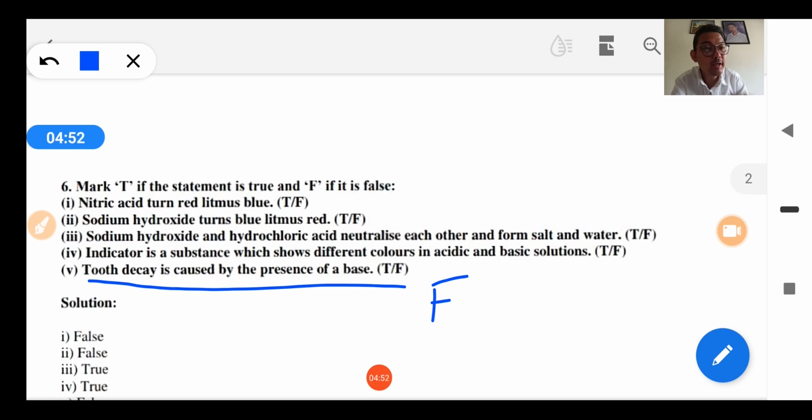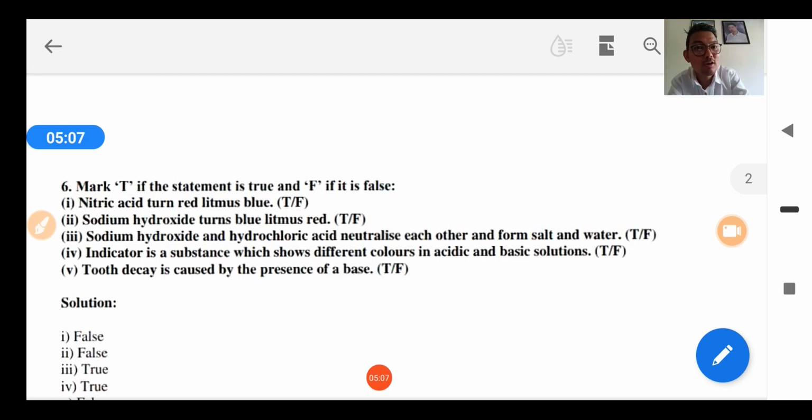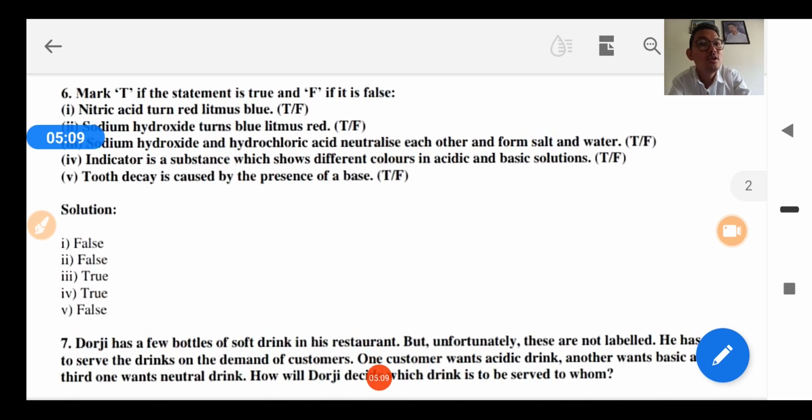When microbes feed on the food particles, they produce acid, and this acid comes in contact with the teeth and then causes the decay. So it is not the presence of a base, but the presence of acid produced by the interaction of microbes with the food particles, which is responsible for tooth decay.